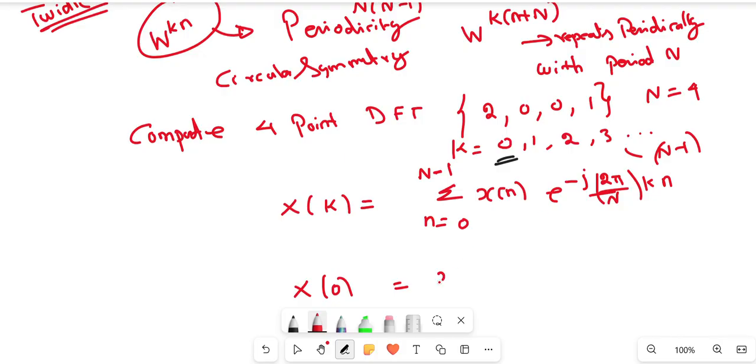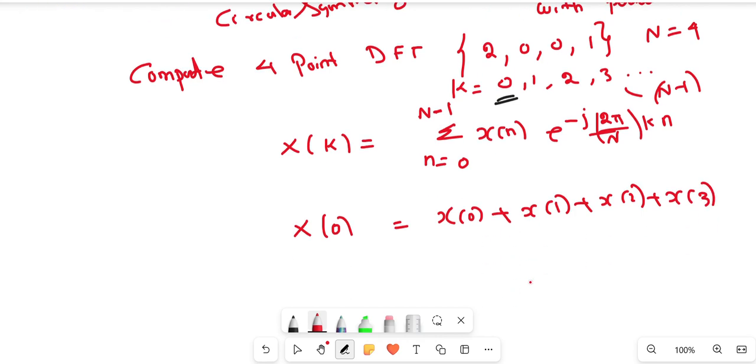So you will get x of 0 plus x of 1 plus x of 2 plus x of 3. In this case x of n is 2 0 0 1, so you get 2 plus 0 plus 0 plus 1, which is equal to 3.